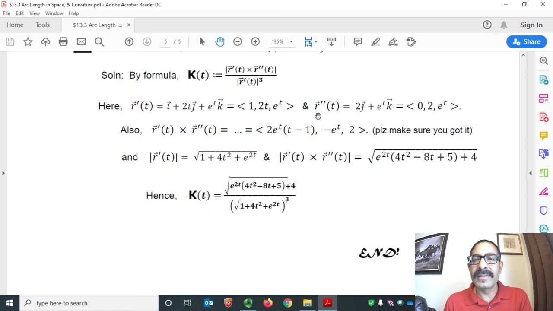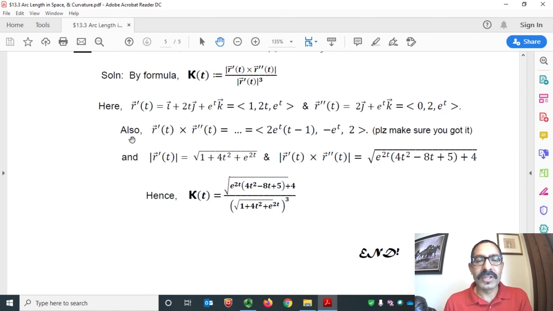Then find the second derivative. Then r double prime is, the 1 becomes 0, 2t becomes 2, e^t is e^t. So we have r double prime as the vector 0 comma 2 comma e^t.